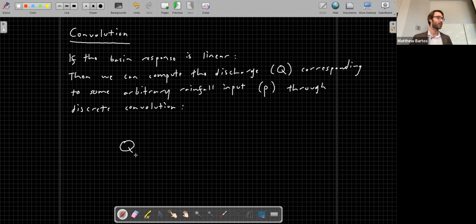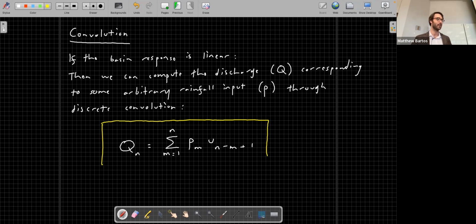We have that the discharge at time index n is equal to the sum from m equals 1 to n of p at time index m times u at time index n minus m plus 1. Okay. So this gives us the discharge at time index n.